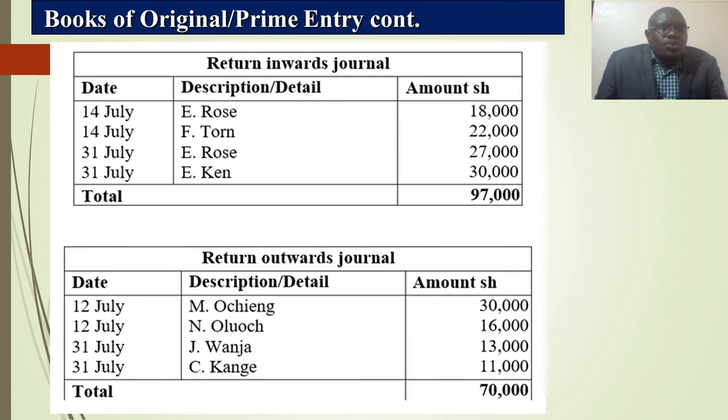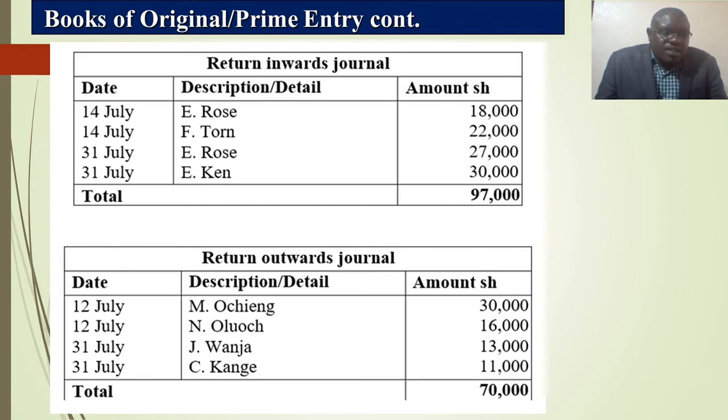On 31st of July, again 2 clients returned goods. E. Rose returned goods equivalent to 27,000 Kenya shillings, and E. Ken returned goods equivalent to 30,000 Kenya shillings. Total amount of goods returned back by clients is 97,000 Kenya shillings. That is the total which we transfer to the sales returns account in the sales ledger.